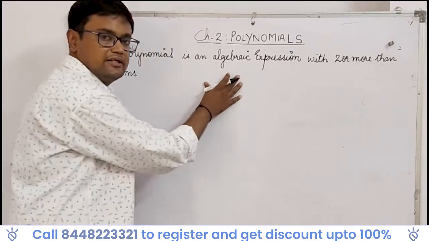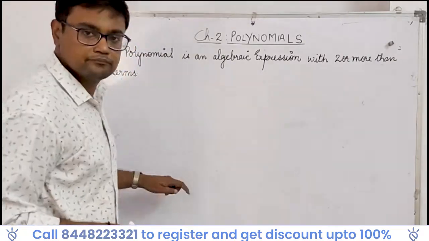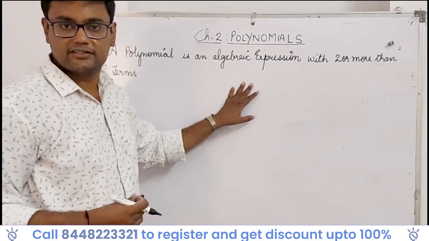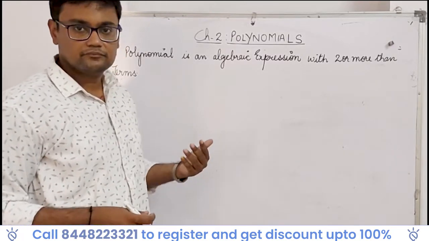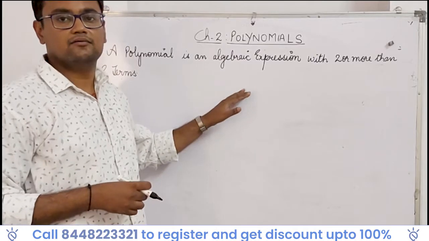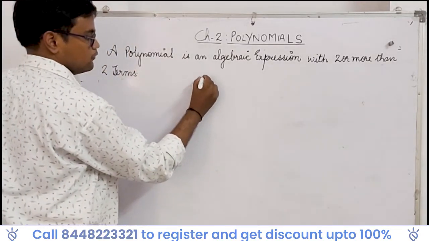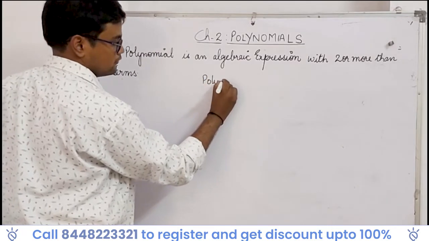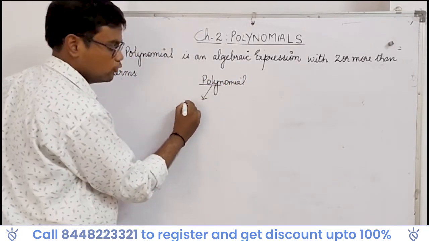So in algebra, we deal with unknowns. From class 6, you have been studying algebra. We dealt with unknowns like x, y, and z, their relationship with each other, their operations. We used to subtract, we used to add. In fact, if you study this word carefully, children, poly means more than one.